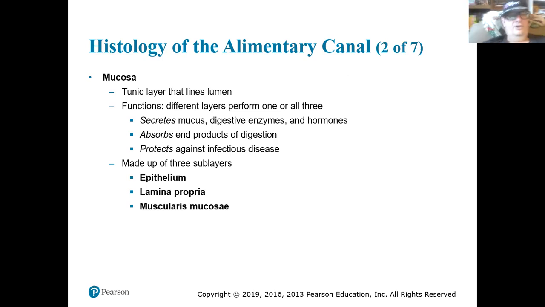So mucosa, the tunic that lines the lumen, has 3 different functions listed here, and it could do one or all of these depending on the organ. The mucosa makes mucus, not surprising. Mucus, enzymes, hormones.